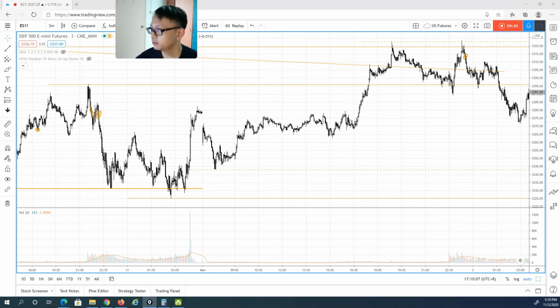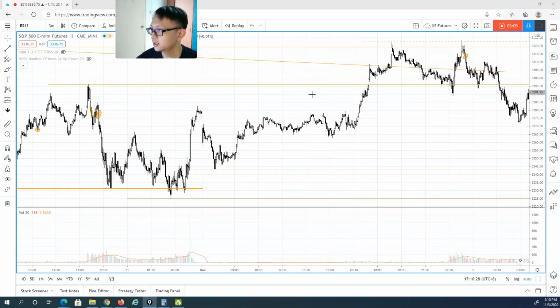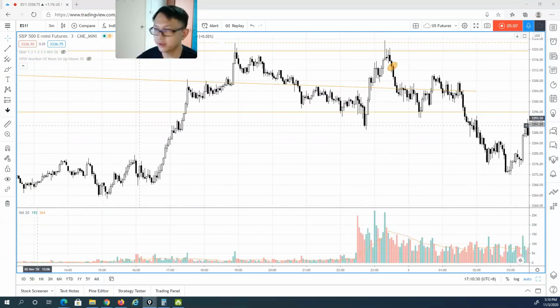As I mentioned previously, in the Globex session here, we have a consolidation followed by a push up. This rally actually stopped right at this resistance zone at around 33.20, and we see the rejection. We have a reaction down. And during the US session, we can see a relatively good rally up with strong volume.